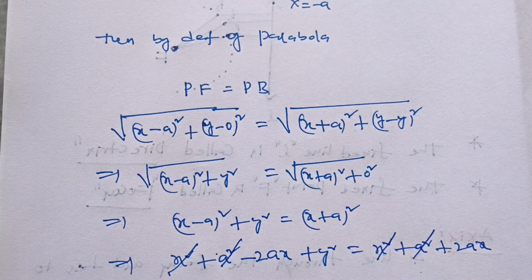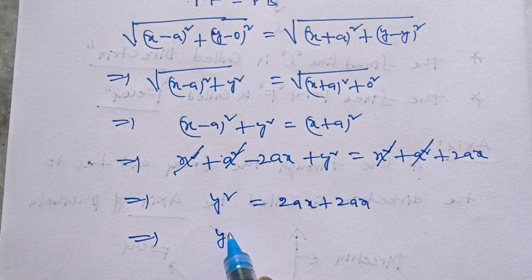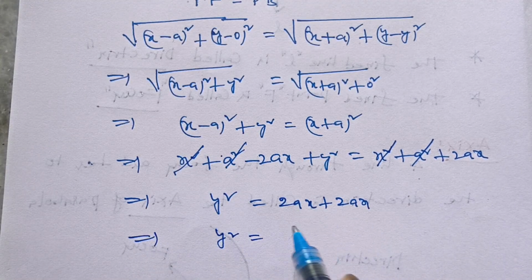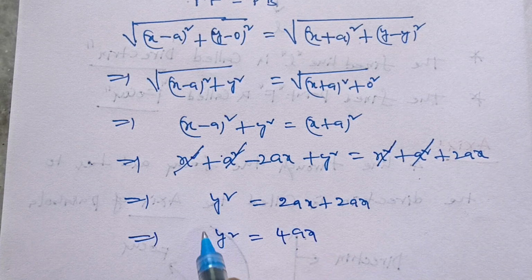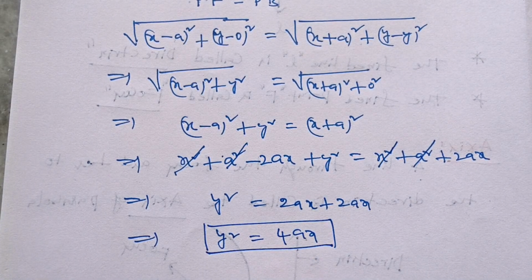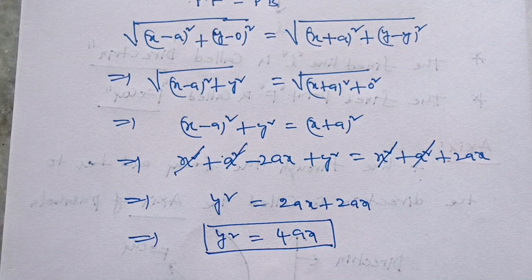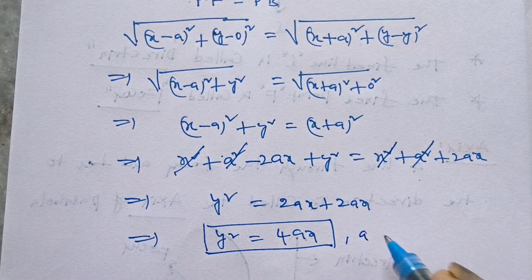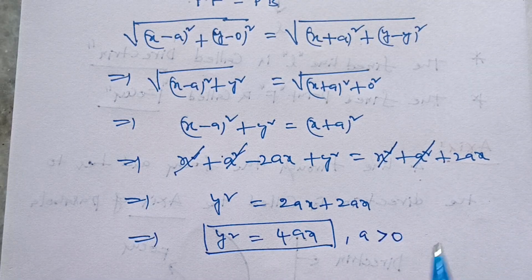A square also cancels. Now the remaining values: y square is equal to 2ax plus 2ax, 4ax. This is the parabola equation if a is greater than 0.